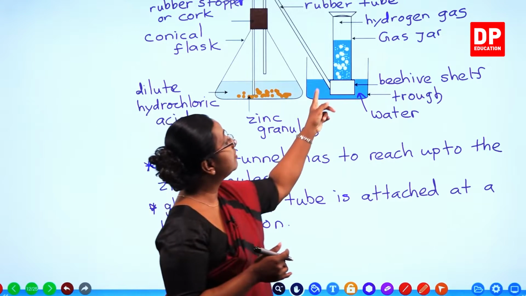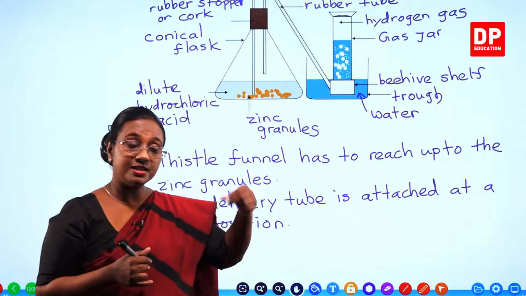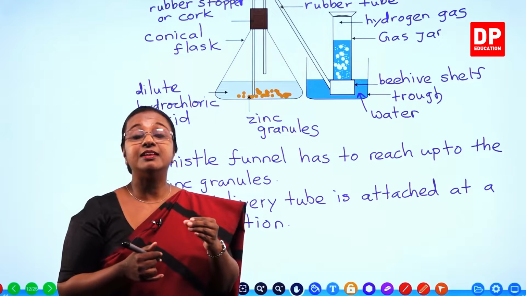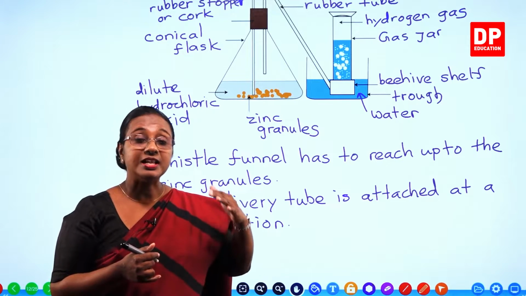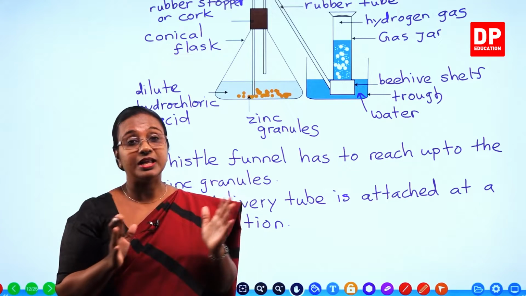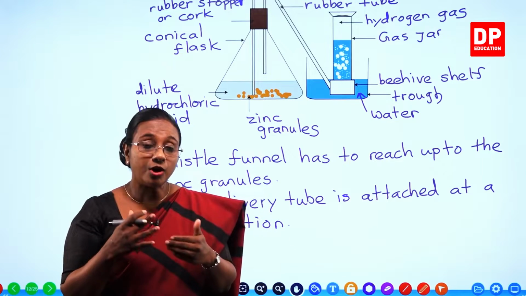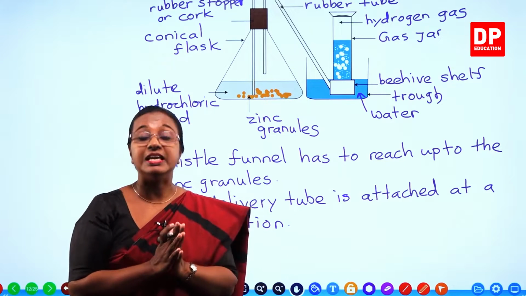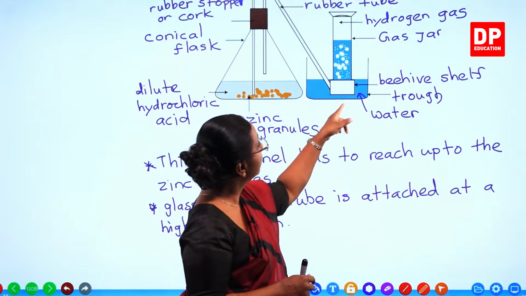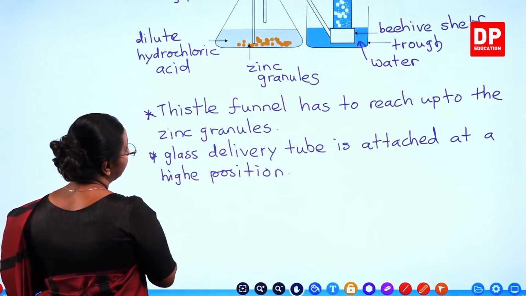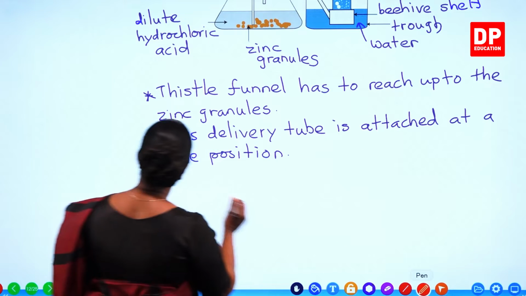So, when we have the beehive shelf, like I said, there is a hole opening on the side. Through that, we can easily direct the rubber tube so that the gas can flow without any hindrance, any disturbance, or it will not get stuck. It will flow easily. So, that is the use of a beehive shelf. So, there I will write that also.